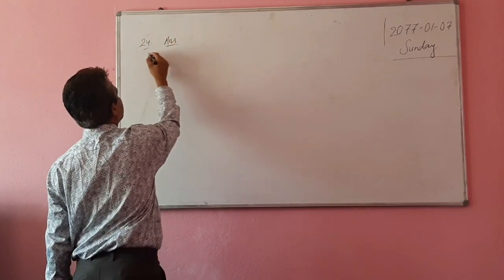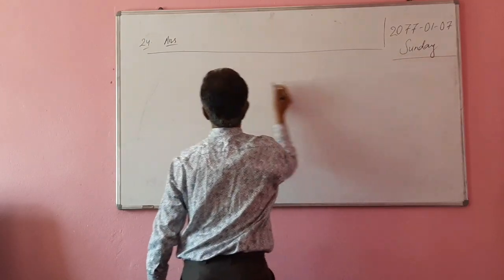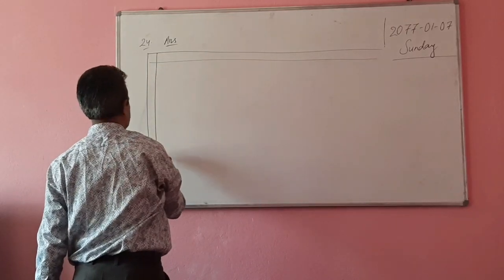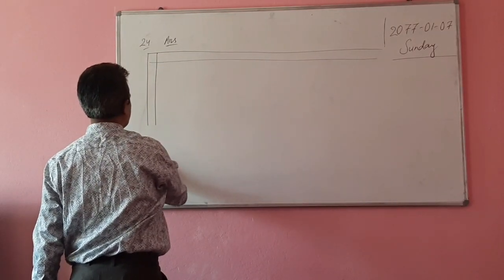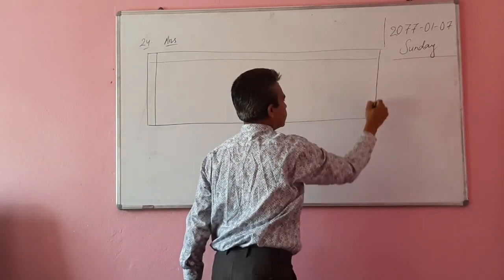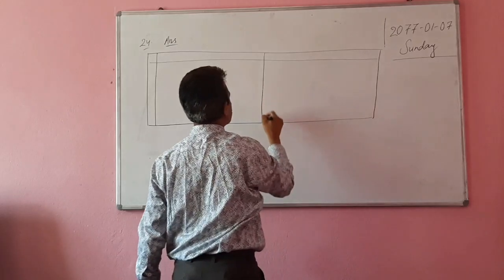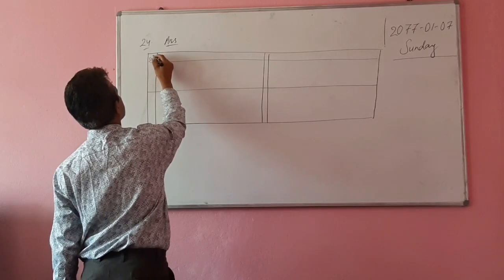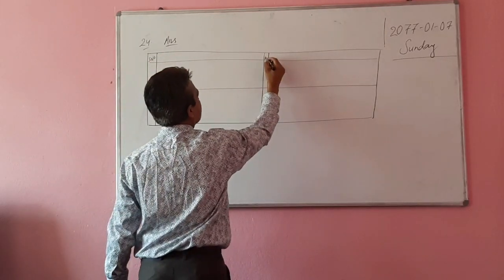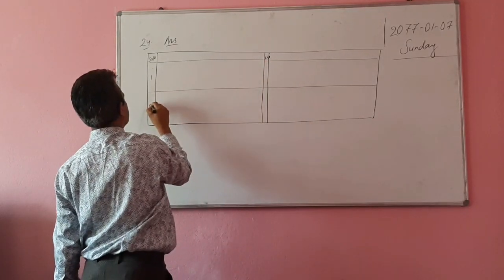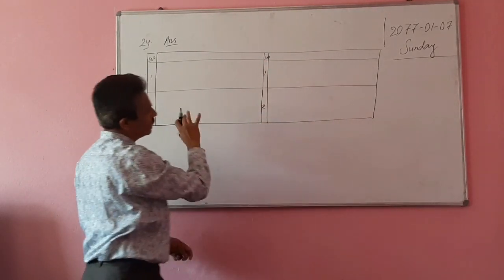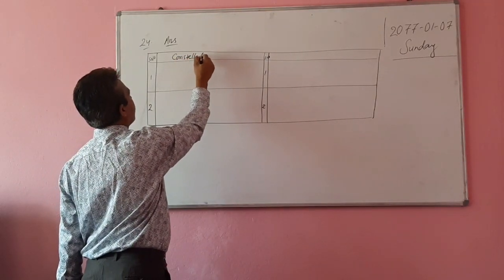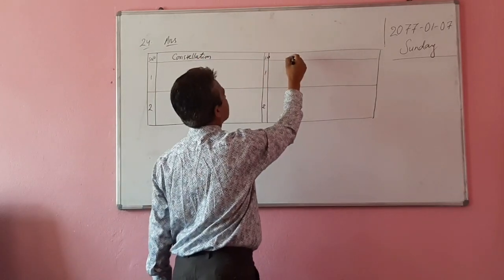Answer. I have already said you need to make a very lovely and attractive table. No need to make it too big, because we are writing only 2 differences between them. Divide it into nearly equal halves. First, constellation and here, galaxy.